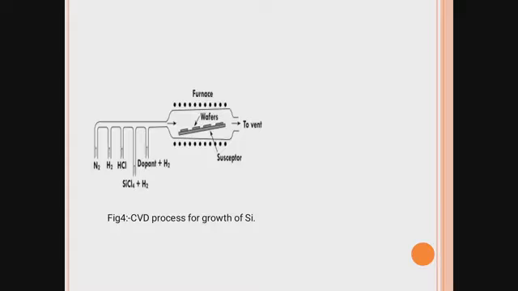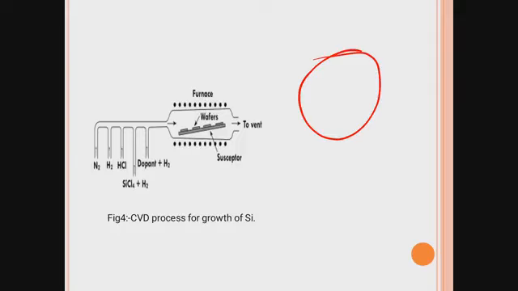By using this process, polycrystalline silicon is formed after the reactions of the components, and it is deposited on the wafer. This kind of silicon can be doped and used as the gate terminal for the MOSFET.